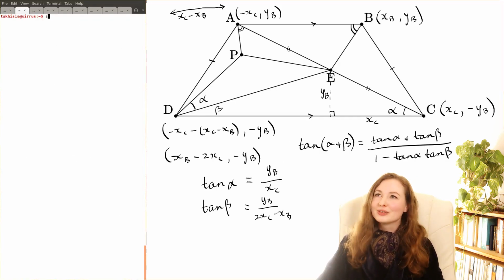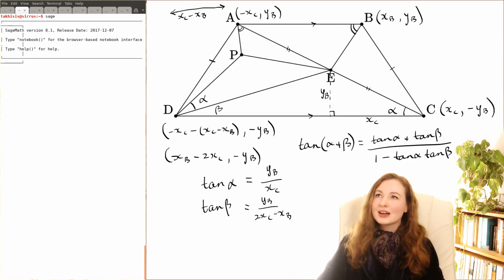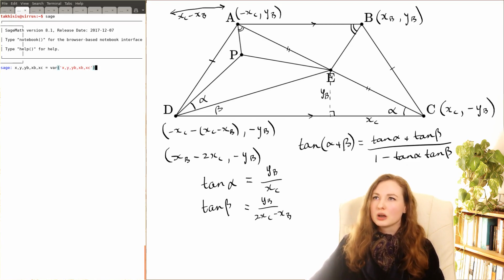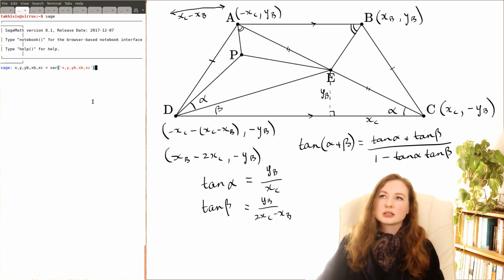So I'm going to use Sage, which is a free open source computer algebra system. You can try it out for yourself if you want. All right, I'm just going to boot up Sage, and then we'll see what we can do. The first thing we need to do is tell it what the variables are, so I'm telling it that xy, yb, xb, and xc are variables.